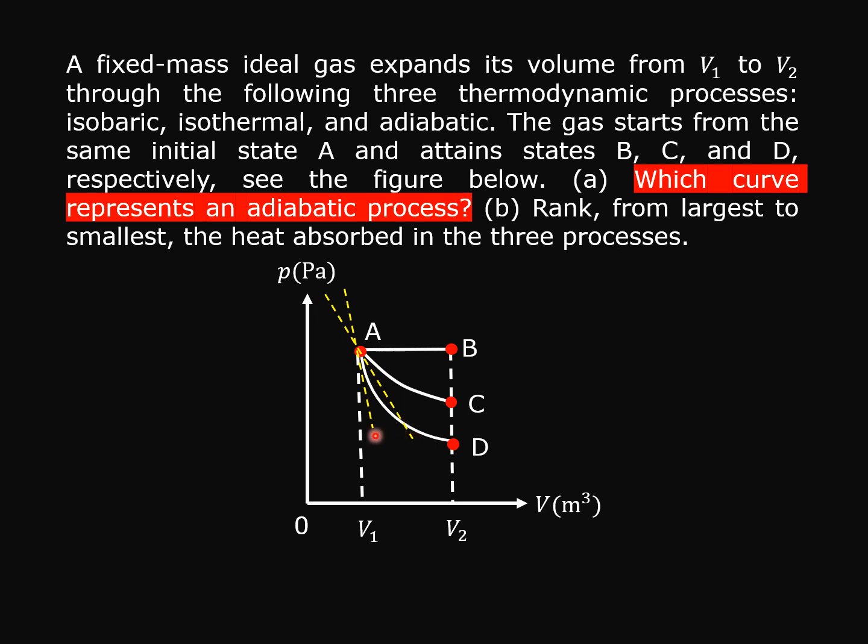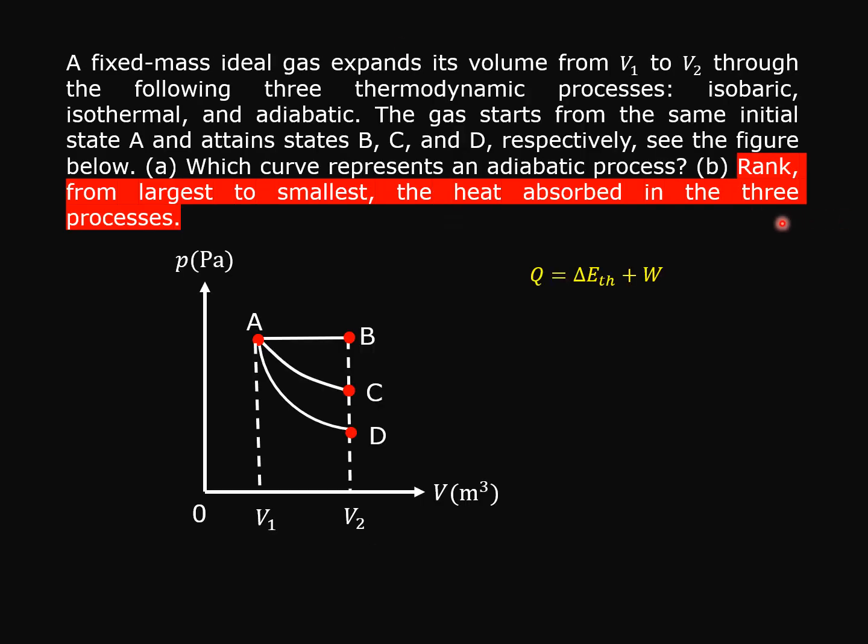That means the gradient of curve AD is steeper than the gradient of curve AC. Therefore, curve AD is for the adiabatic process and curve AC is for the isothermal process.